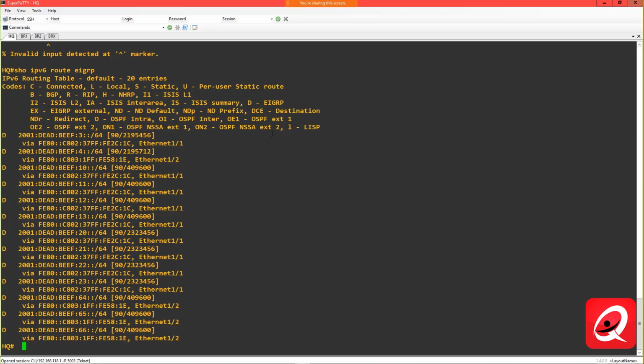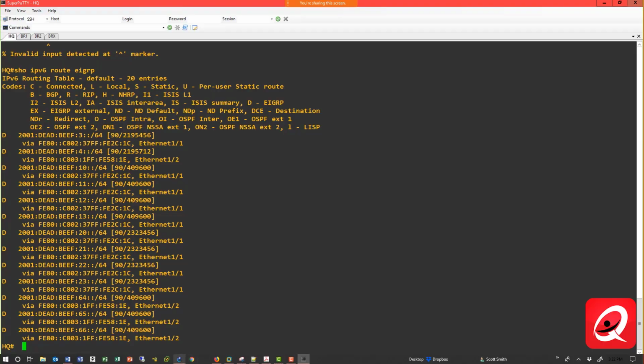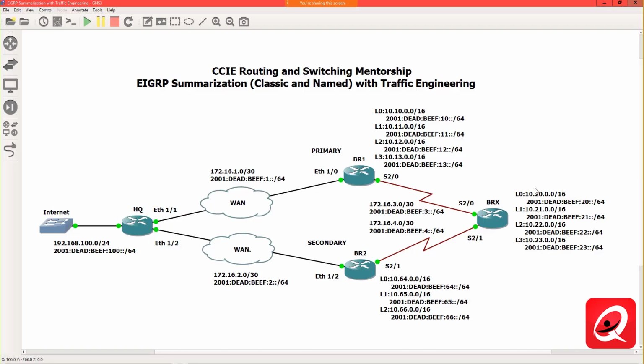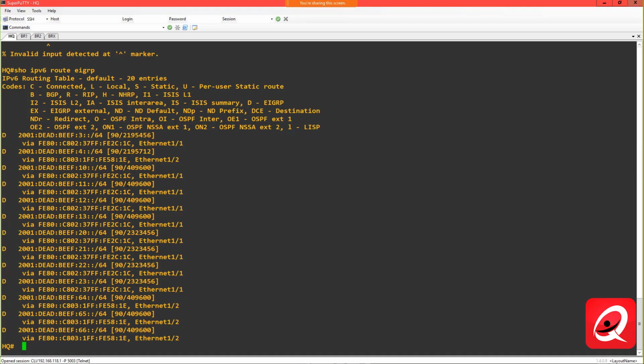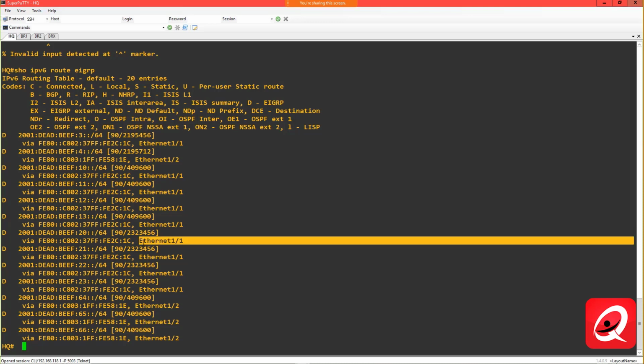Let me see here. I kind of made a mix-up here. So if you look at the topology, this loopback here is 10.20. It's 2001:DEAD:BEEF:20. So that's what I'm looking for here. 20 is right here, and the next hop is Ethernet 1.1, which is the exit interface.